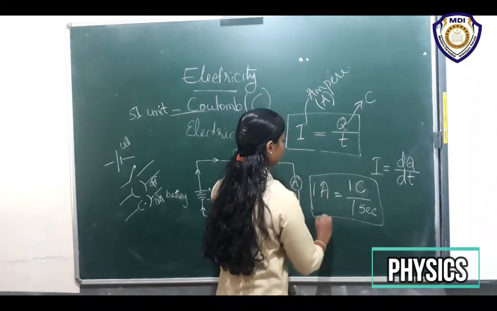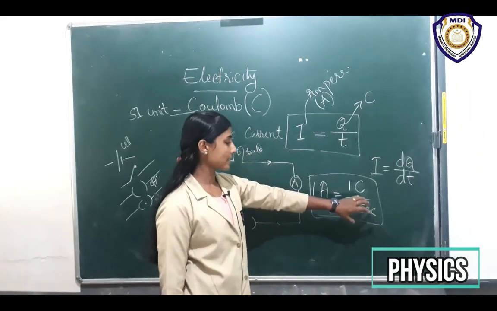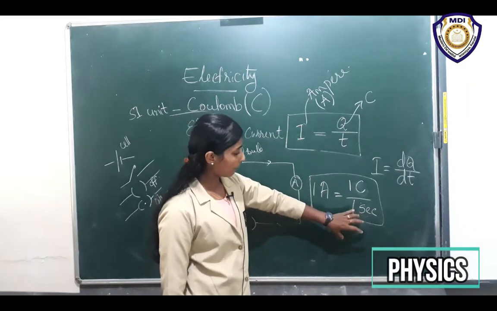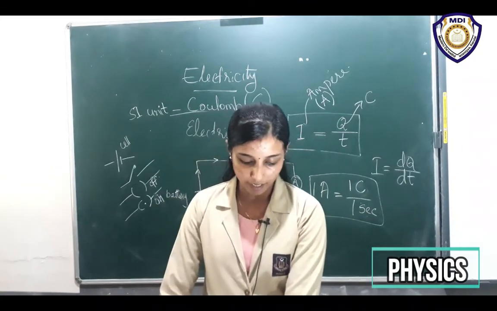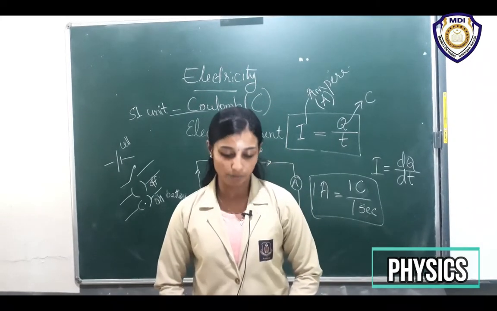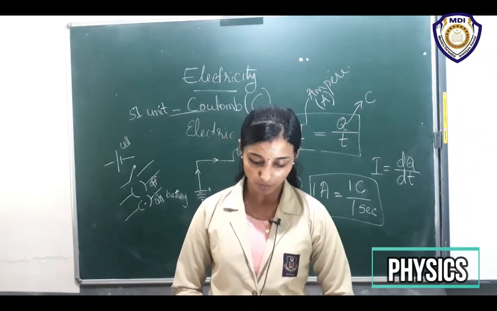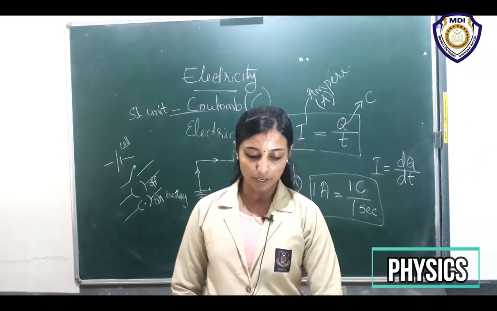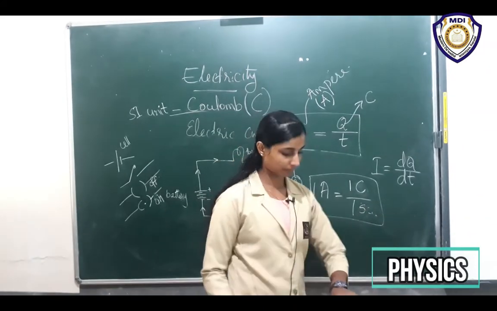That is 1 coulomb of charge flowing through a cross sectional area in a time of 1 second, right? So you should underline: 1 ampere is constituted by the flow of 1 coulomb of charge per second. That is 1 ampere is equal to 1 coulomb divided by 1 second.